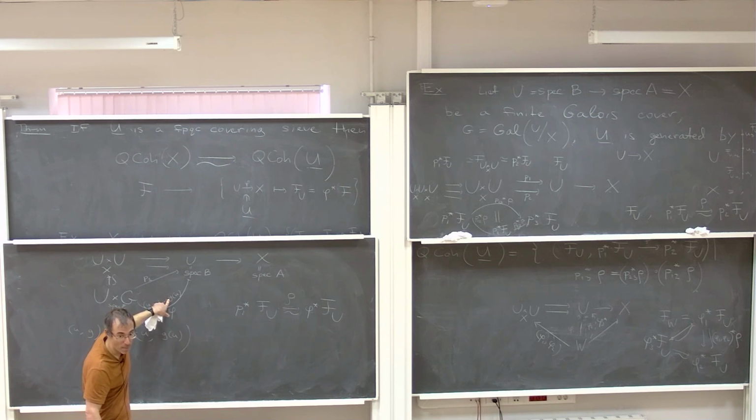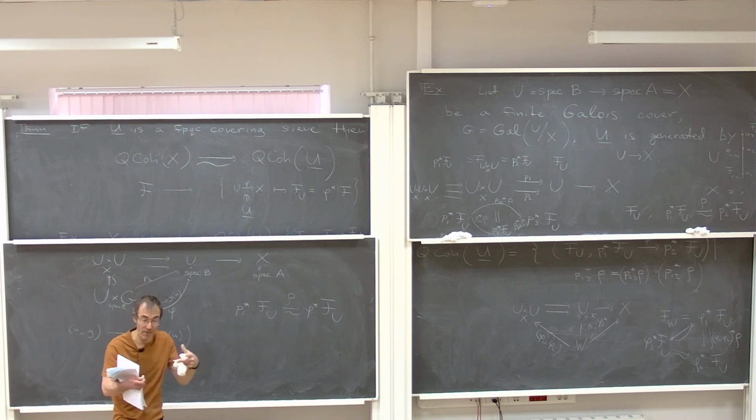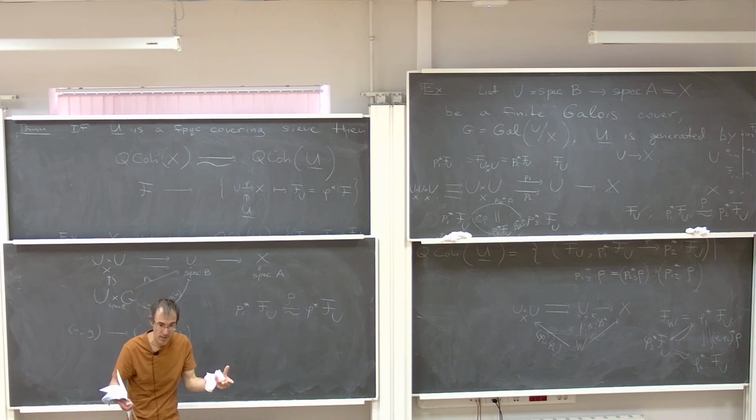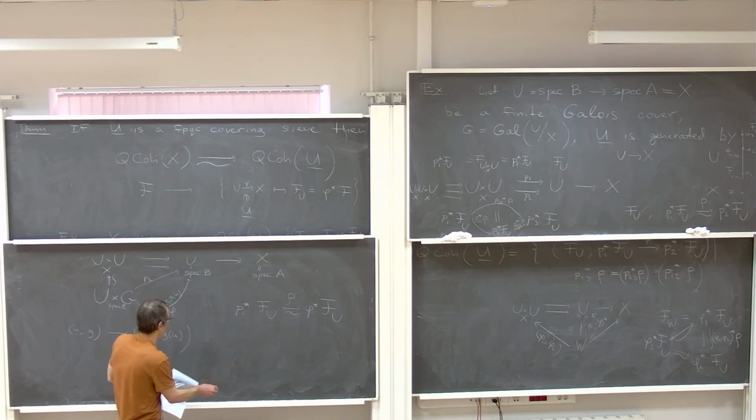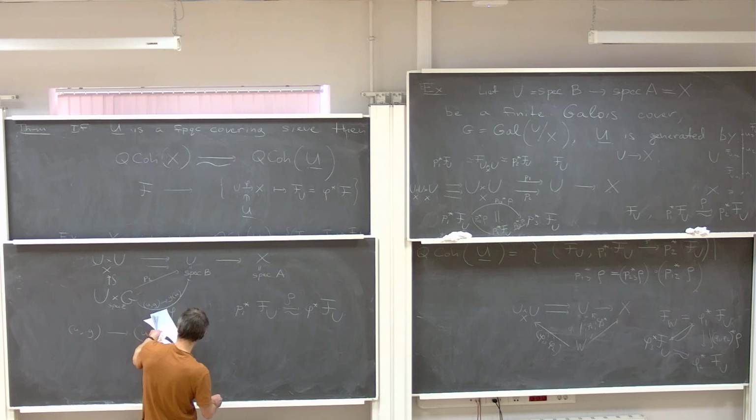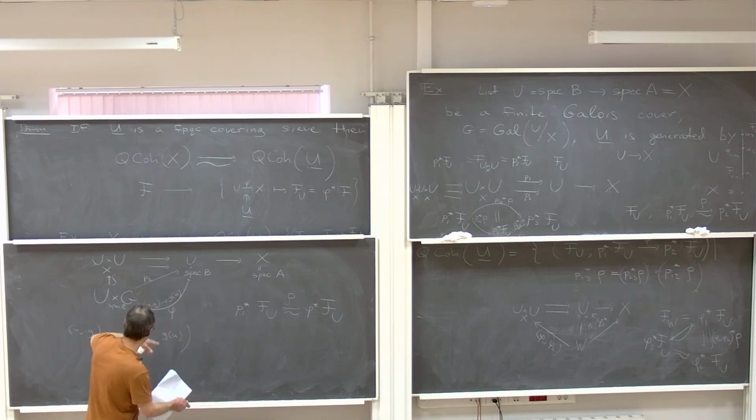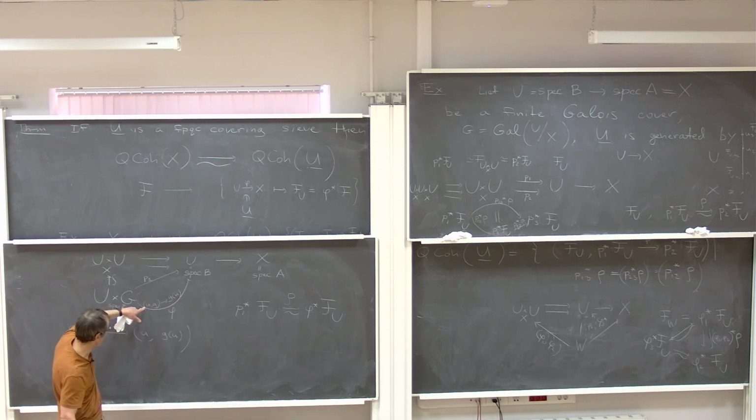So a much better notion is the notion of equivariant sheaf, right? So suppose you have now two points, g1, g2. Then you have an identification. There are two ways to construct an identification between the fiber at point u and the fiber at point g1 times g2 times u.